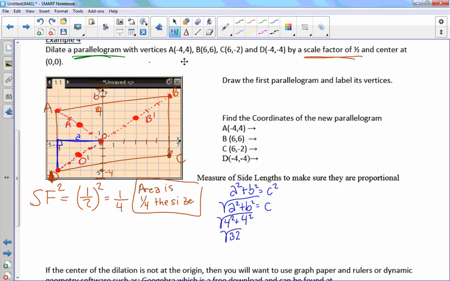Okay. Now, so C, we know A to D had been shrunk by a half. Let's make sure that works. A to D was originally how tall? 1, 2, 3, 4, 5, 6, 7, 8. Is A prime, D prime now 4? So here, is that now 4?